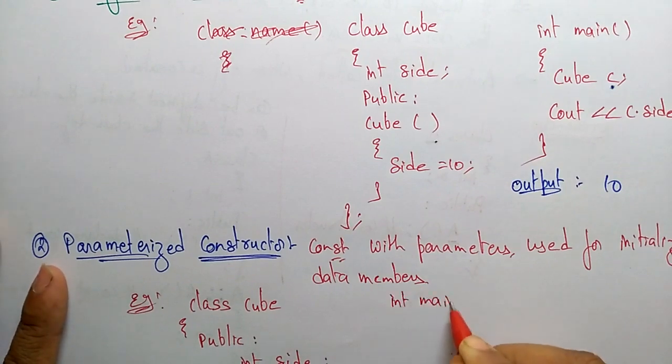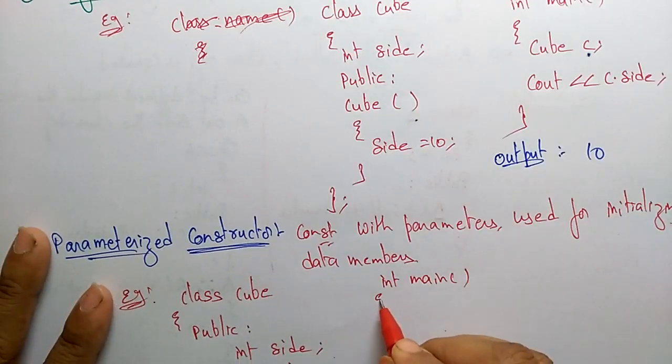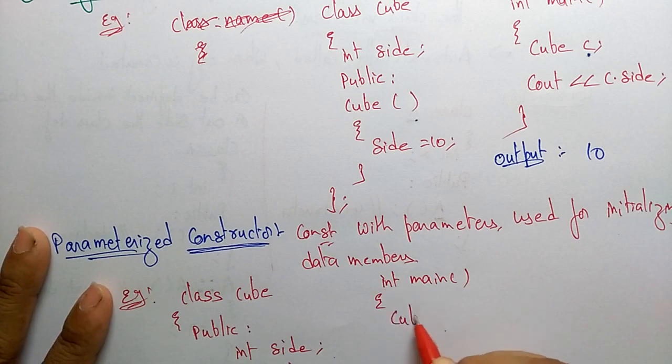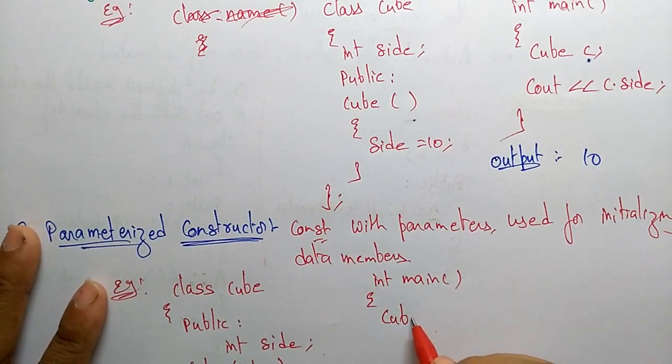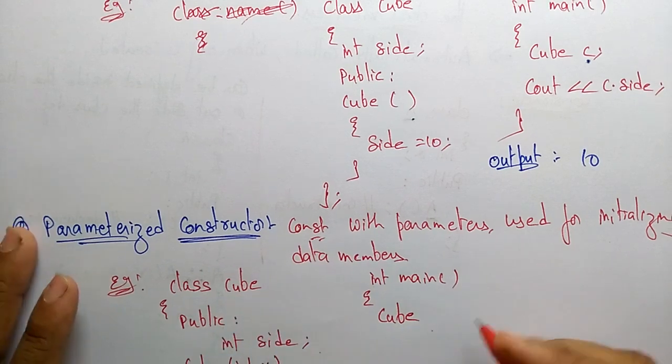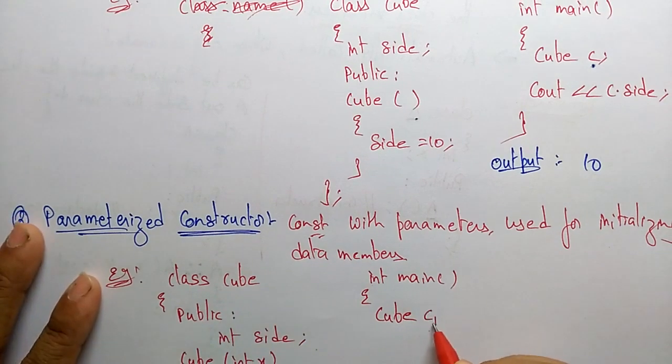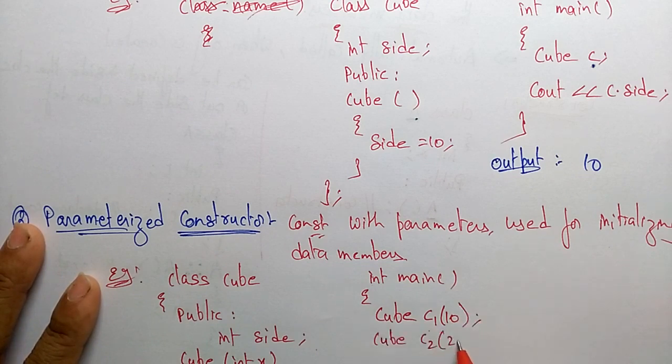int main. Now you call the constructor by using the class name Cube. Let C1 be the object with a value, Cube C2 with a value, Cube C3 with a value.